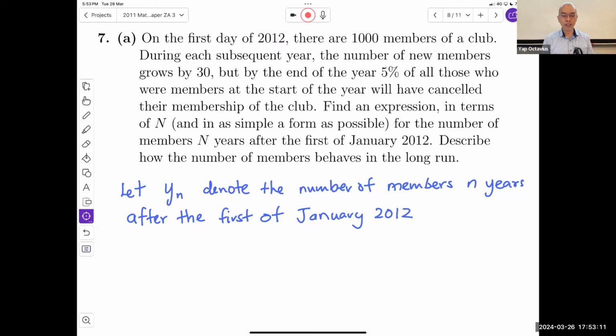Is it n years after the 1st? Has the year passed already or not? This first day of 2012, is it n years after the 1st, in the same year? When is y1?